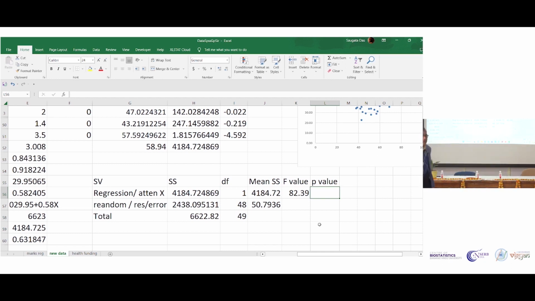df1 means df of regression, df2 means df of residual.